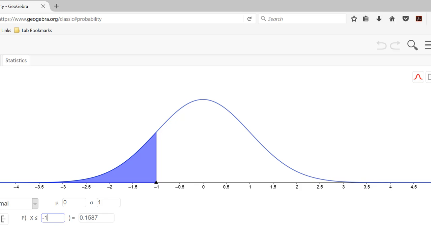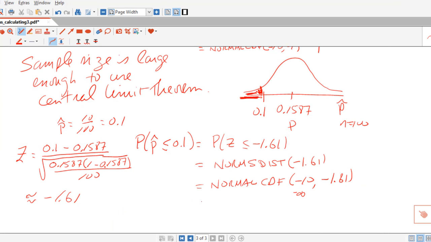So come over here, type in -1.61, hit return, and I see it's 0.0537. All right, great. 0.0537, and there we go.